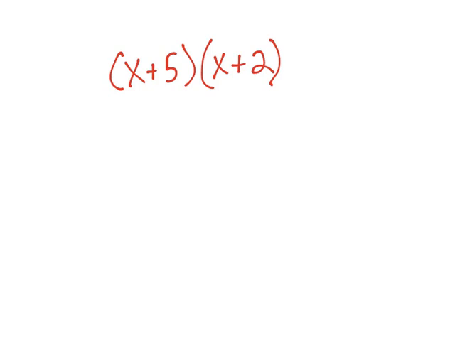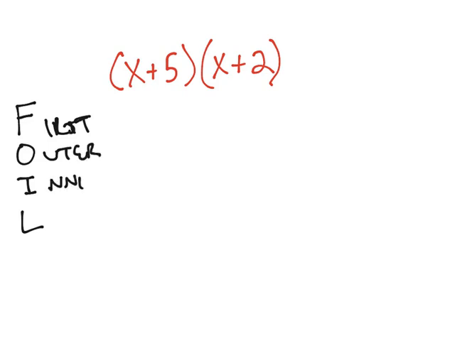But the acronym we'll use to remember it is FOIL, which stands for first, outer, inner, and last. This simply refers to the order in which you multiply everything together.